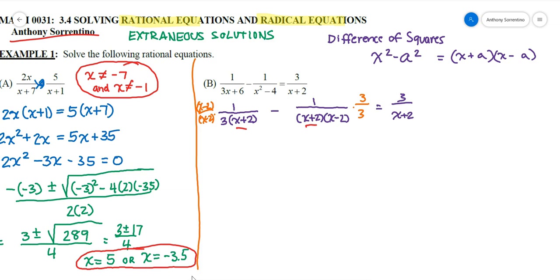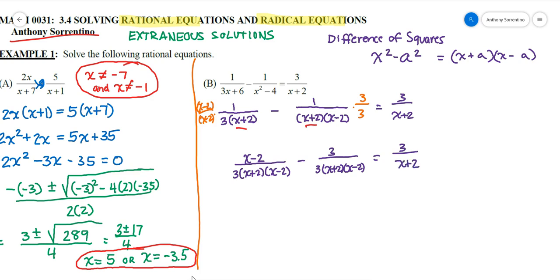And so what that's going to give me is x minus 2 over 3 times x plus 2, x minus 2, minus 3 over 3 times x plus 2, x minus 2, which equals 3 over x plus 2.